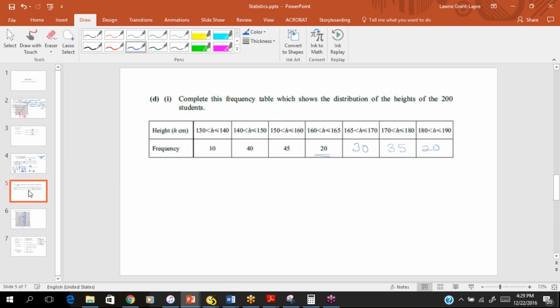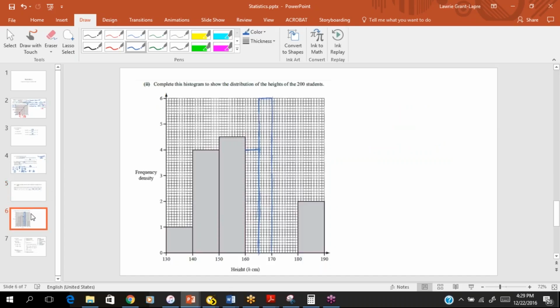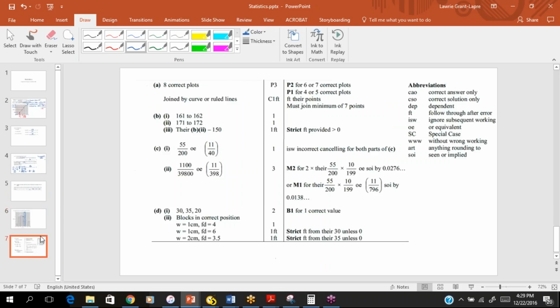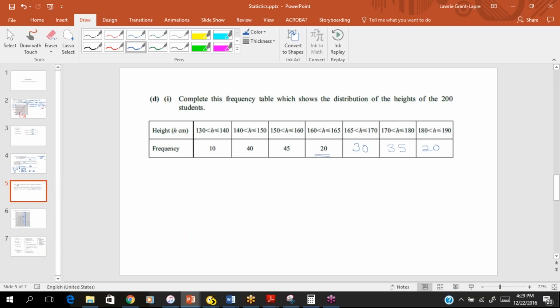And then finally, we have 20. From 170, we have 35.